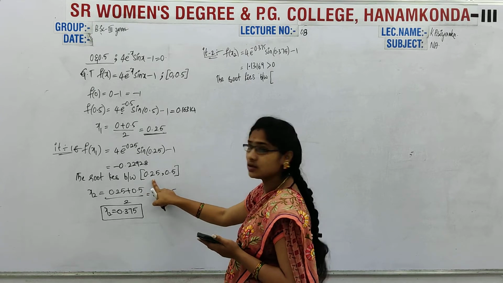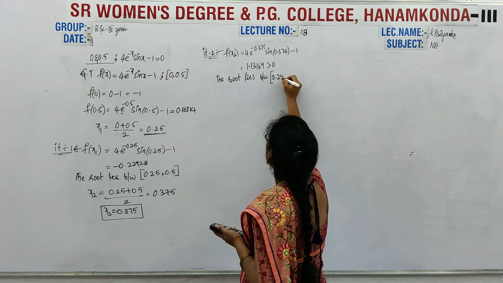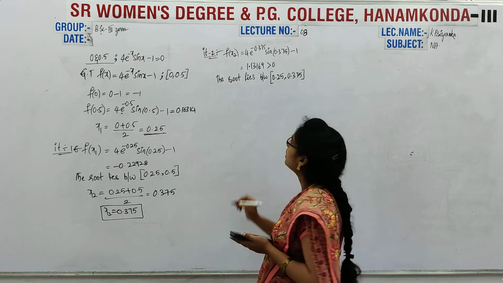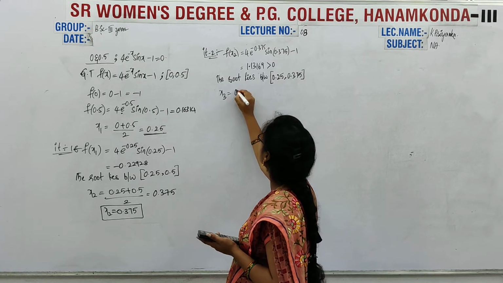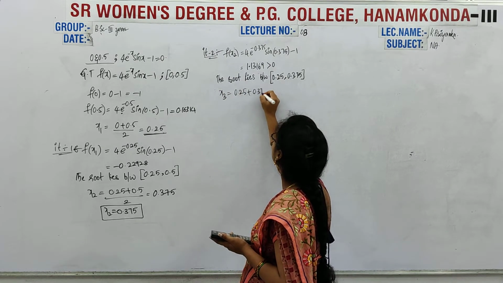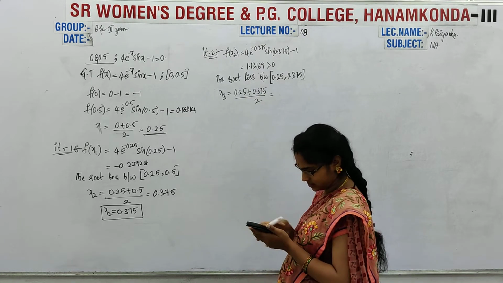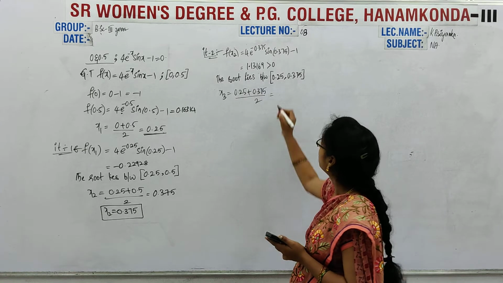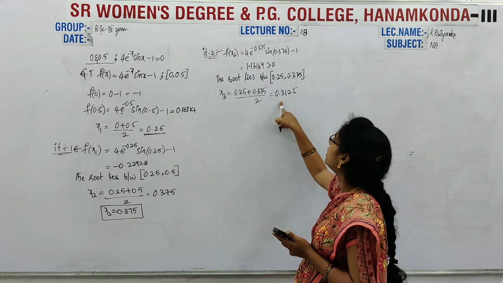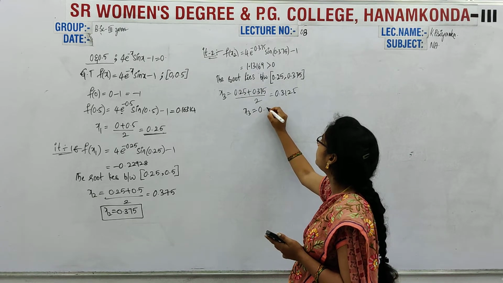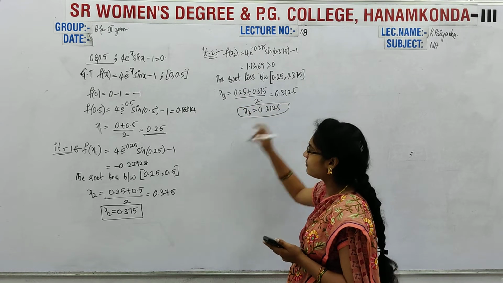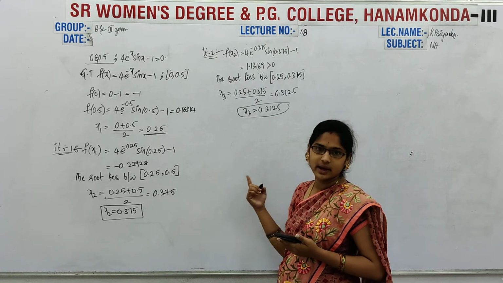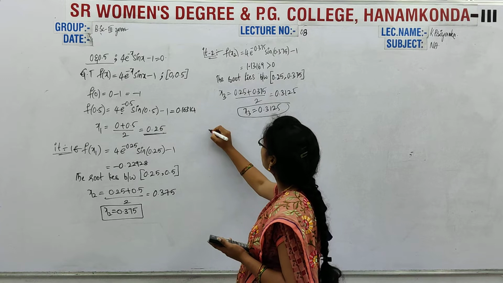It is negative now, so negative will be the same. Now it is positive now. So now here what we have to take? 0.25, 0.375. Now x3 equals (0.25 + 0.375)/2. Now calculate it: 0.3125. Now x3 equals 0.3125. So now here what we have? 0.3, 0.3, somewhat it is the same, but after that we are getting some other digit. That's why again we have to go for the next iteration.